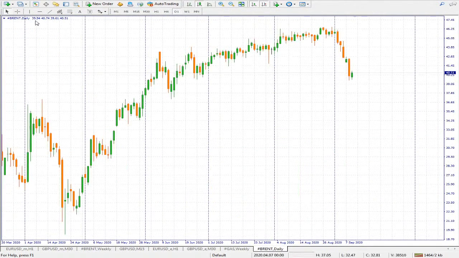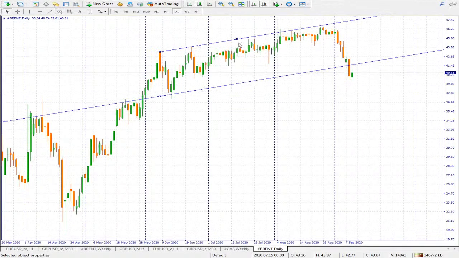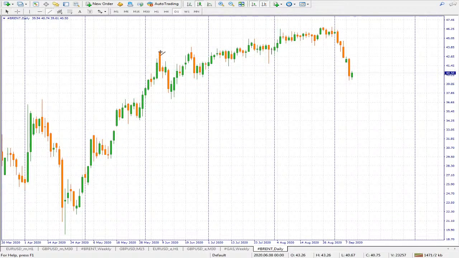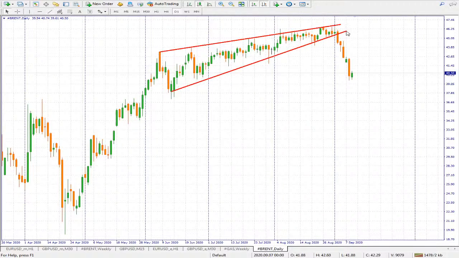If you check the daily chart, look at this. There's a very good shape, a contracting wedge formation here, and then you also have another one from the bottom. So this is known as the converging wedge formation. All this while, from June of this year, July, August, the price was within the shape. Then earlier in September, this candle actually broke below.